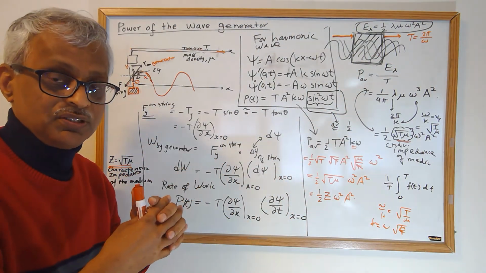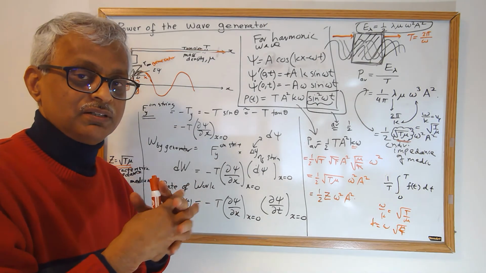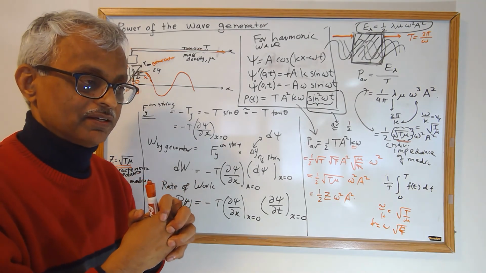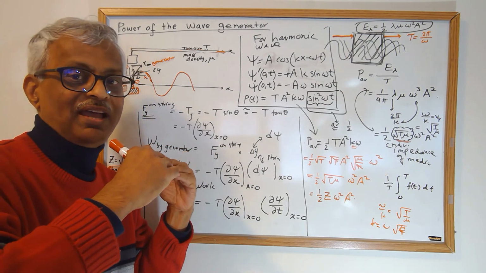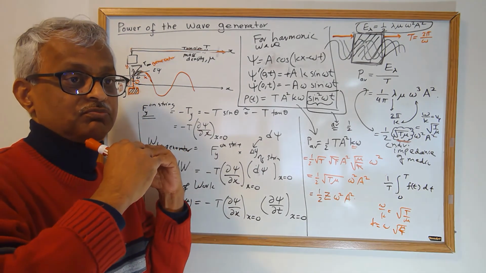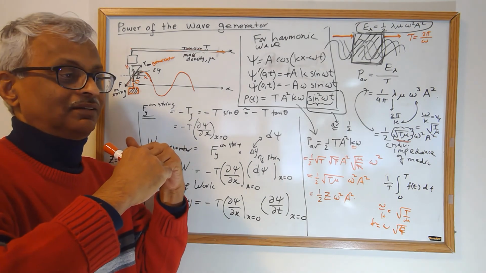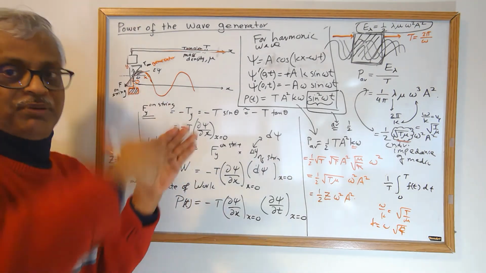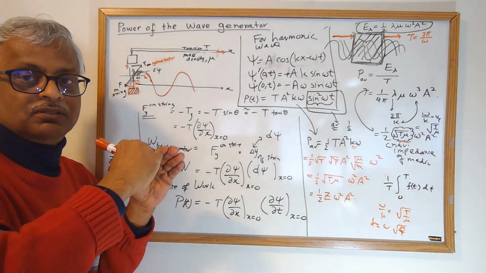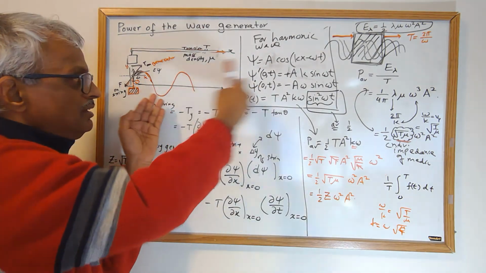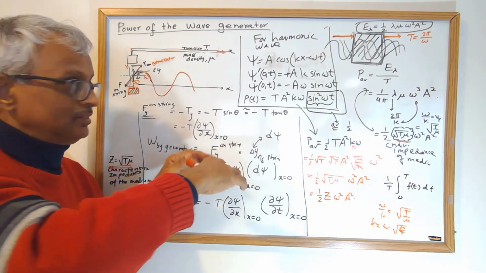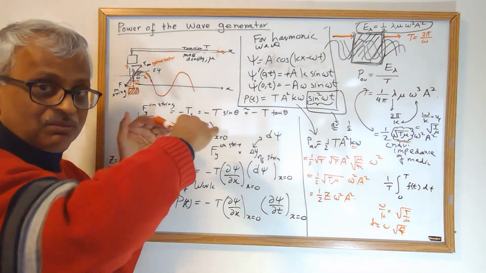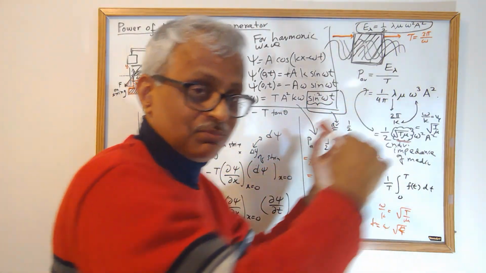In the future, when you do a little bit more work, we will be able to ask what happens if I just give a pulse, and this wave generator pulses and then stops. What happens in the string? Well, a pulse will be generated, and it won't be like this, but the pulse will just go from place to place. This is pretty cool.